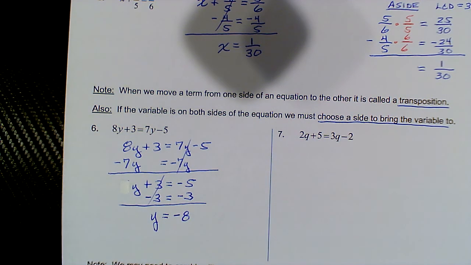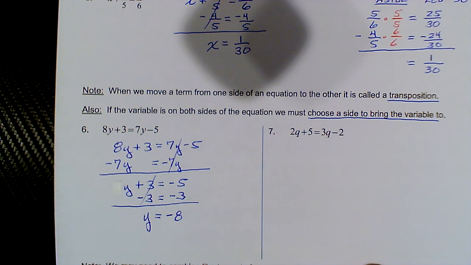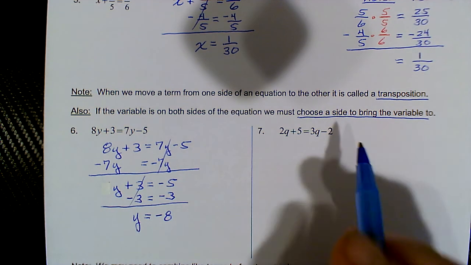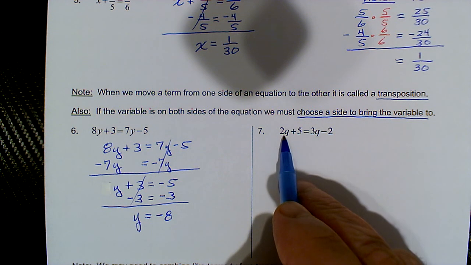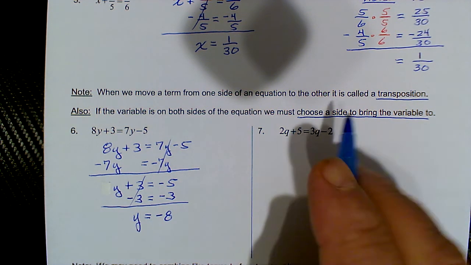Okay, but notice in number 7, again the variable is on both sides, but the coefficient is greater on the right. So therefore I want to move or transpose the 2q to the right hand side.